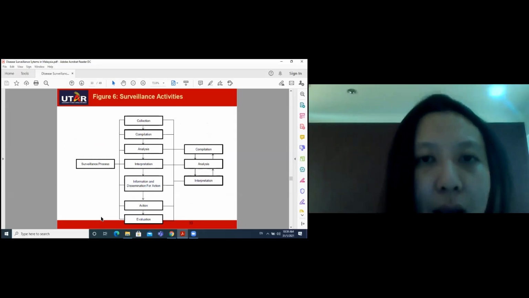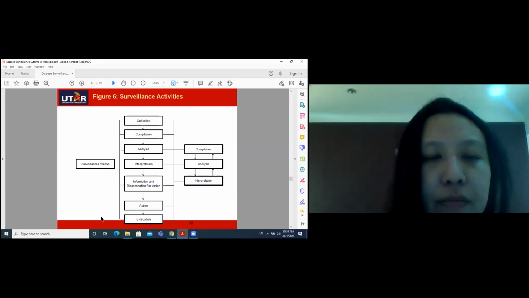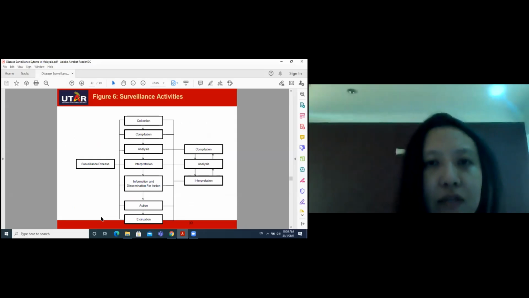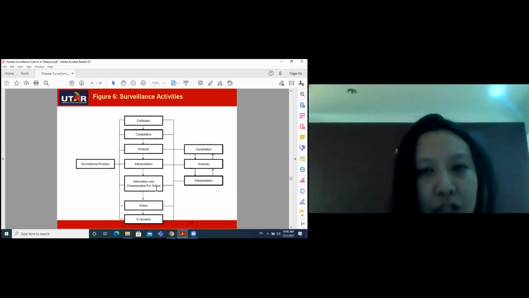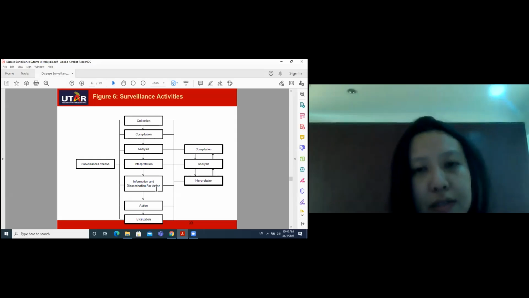So this is the overall diagram for the surveillance activities conducted in Malaysia. They will collect data, compile, analyze, and interpret, and also disseminate for action, whether any public health action will be implemented to further prevent and control the disease outbreak.